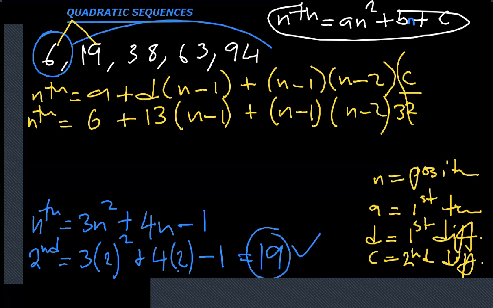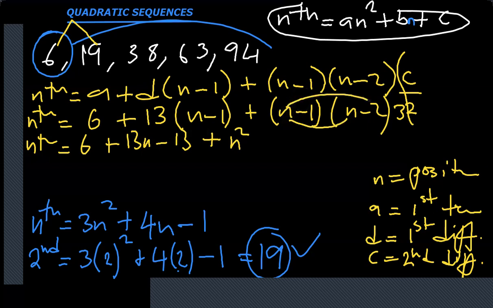Now, let's expand. The nth term is equal to 6 plus 13n minus 13. And then let's expand this, so plus n squared. Remember how you did this with that, this with that, and then this with that.